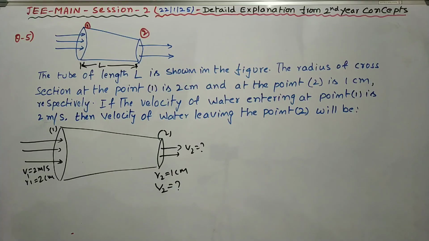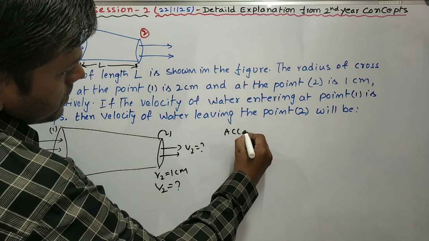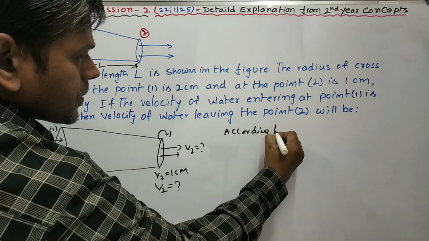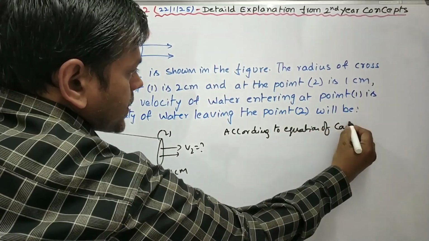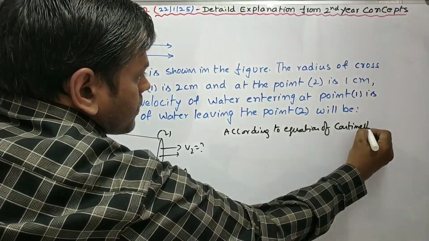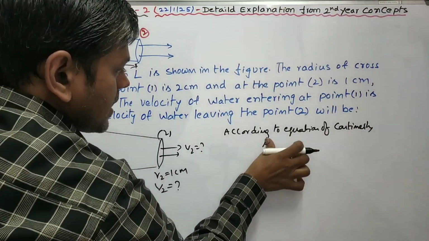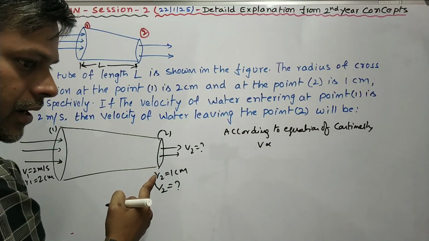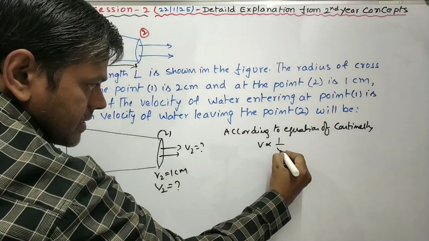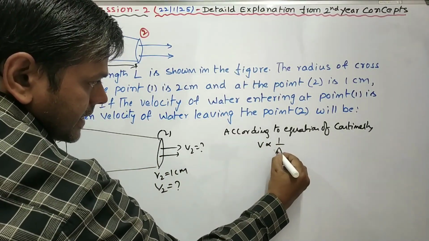This is asking, according to the equation of continuity. What is that? The velocity of a fluid through any pipe is inversely proportional to the cross section area.